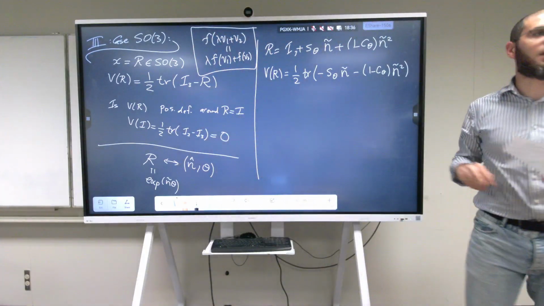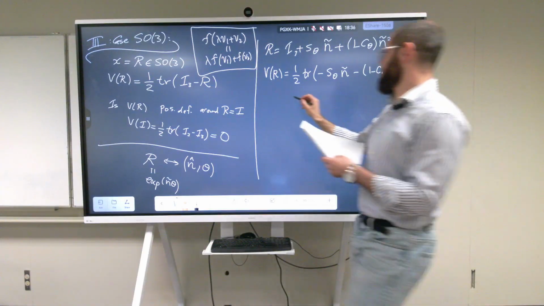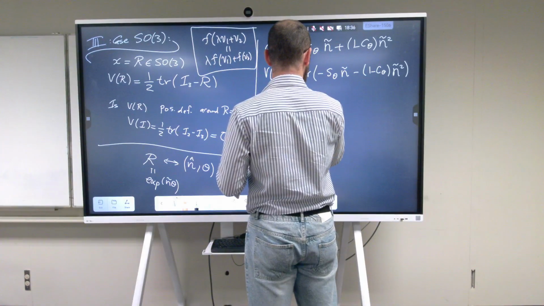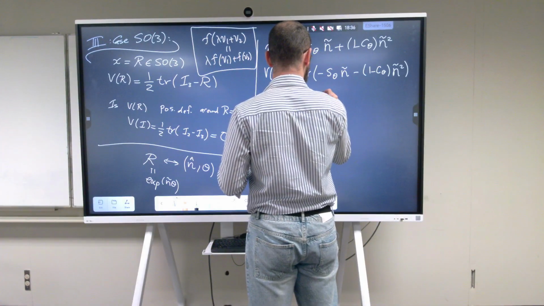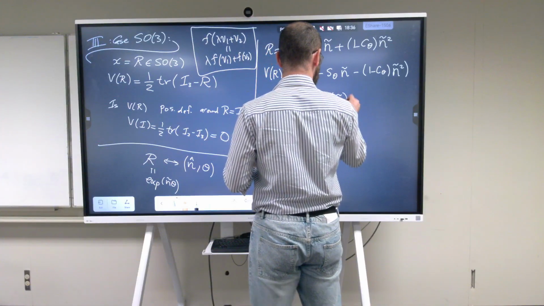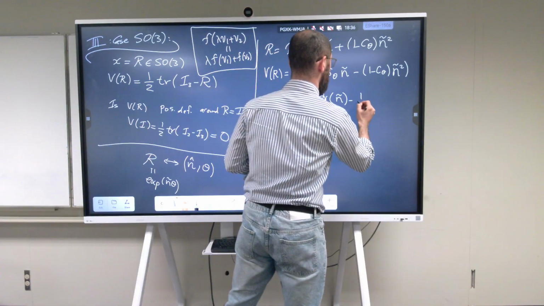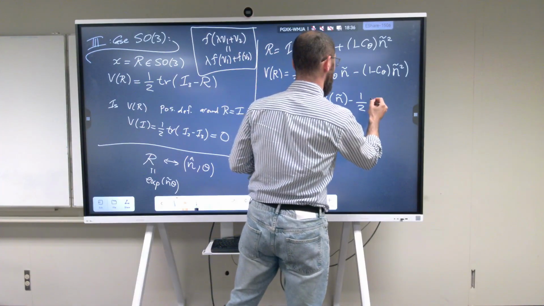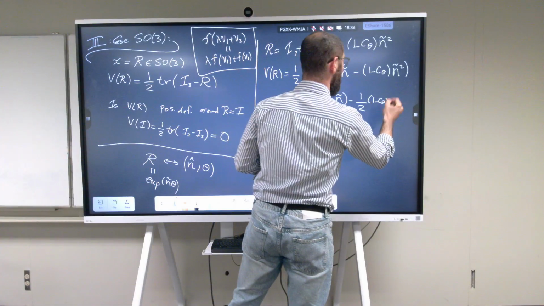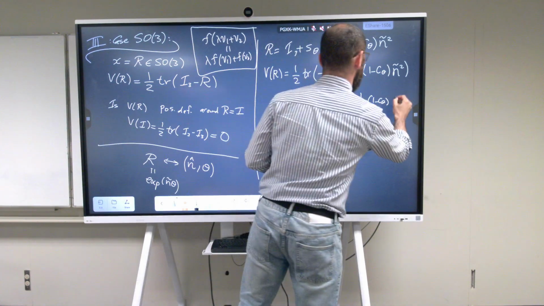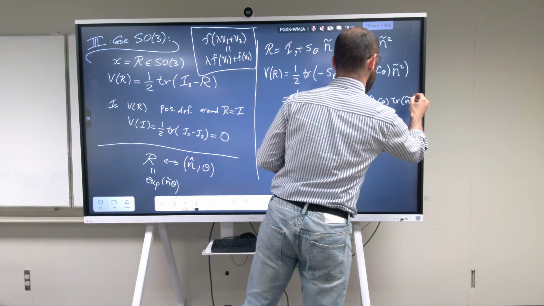And the trace is a linear map, which means I can rewrite this expression as half of minus sine theta times the trace of n tilde. That's the first expression. And then I have minus half multiplied by 1 minus cosine theta. 1 minus cosine theta is just a number, a scalar, multiplied by the trace of n tilde squared.